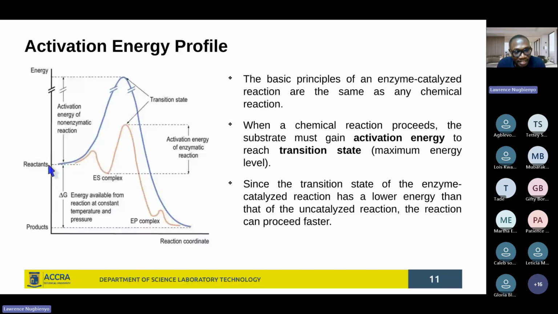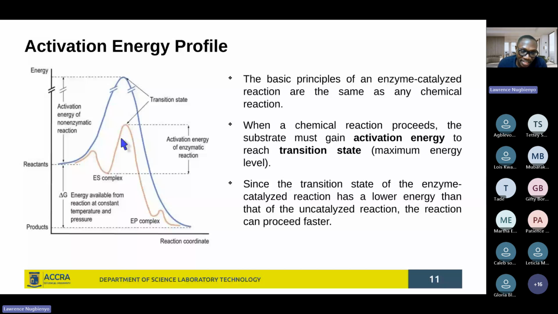Now, the blue line is representing the reaction profile of a non-catalyzed reaction. Here, because we are talking about enzymes, it's being referred to as a non-enzymatic reaction.